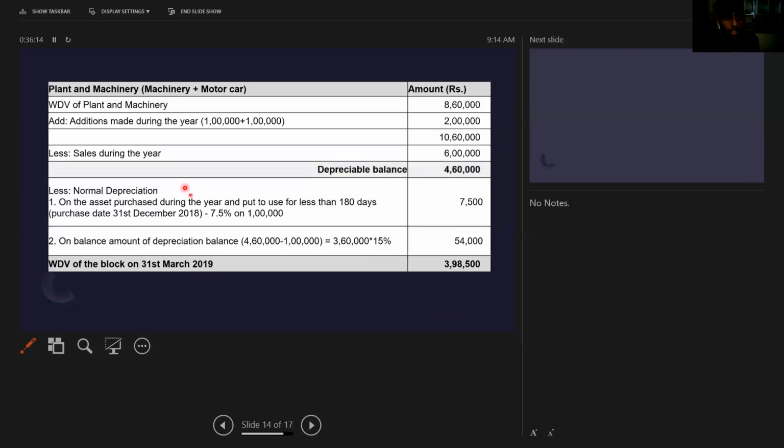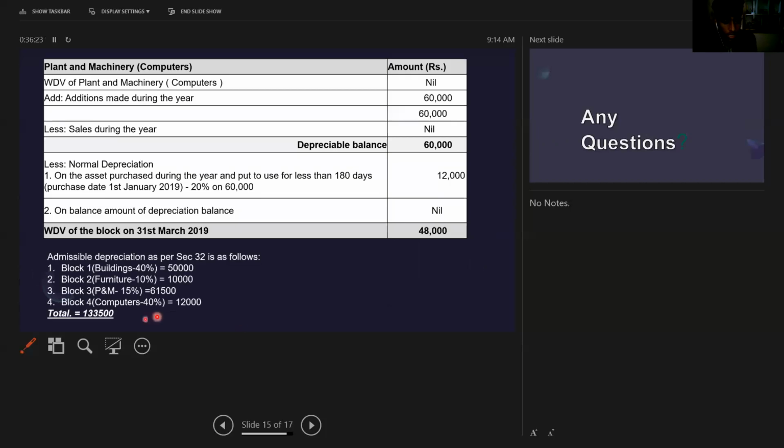And here, for the plant and machinery and motor car, the depreciation is 7,500 plus 54,000, which is nothing but 61,500 at the rate of 15%. So 50,000, 10,000, 61,500. And block 4, which is computers at 40%, is 12,000.